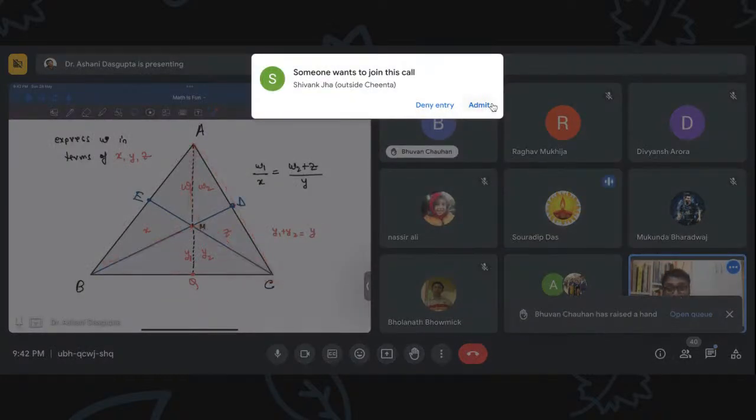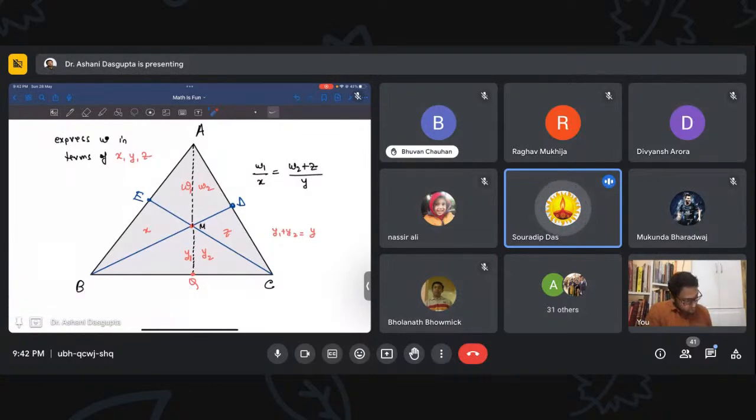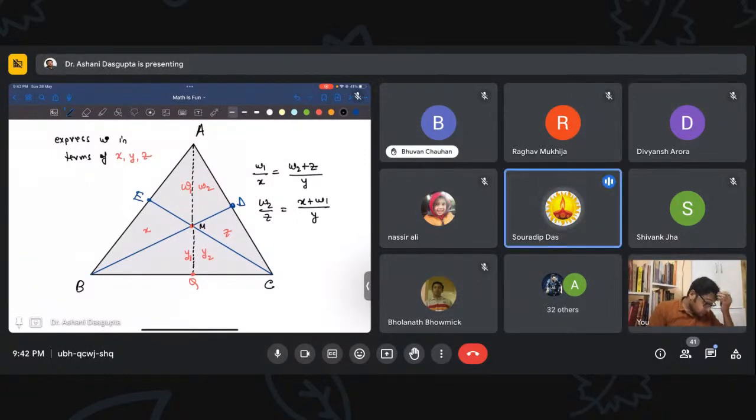Similarly, W2 by Z is the same as X plus W1 by Y. From the first equation, I can take X to the right hand side and Z to the right hand side in the second equation.